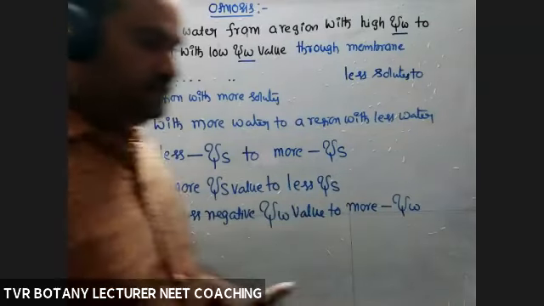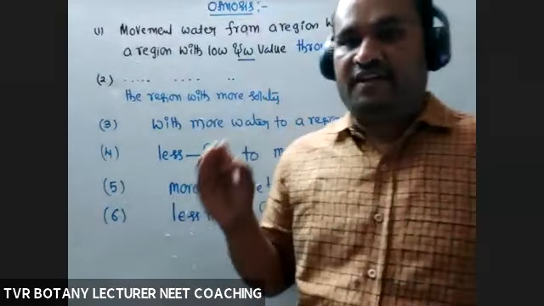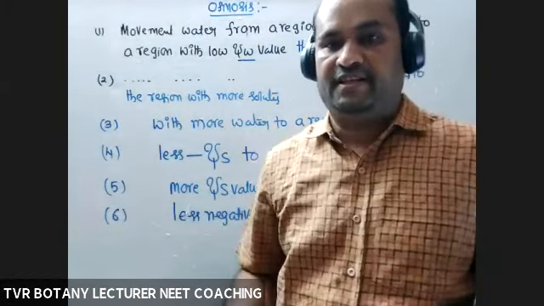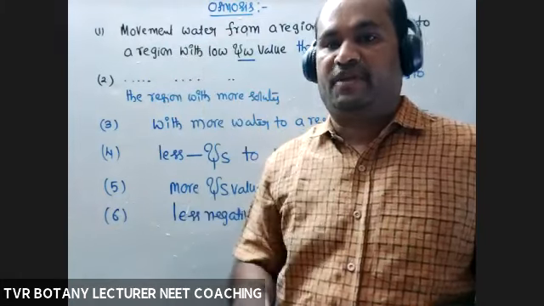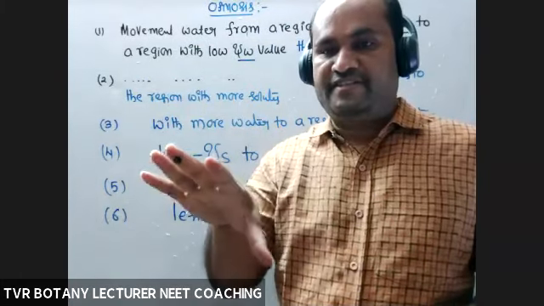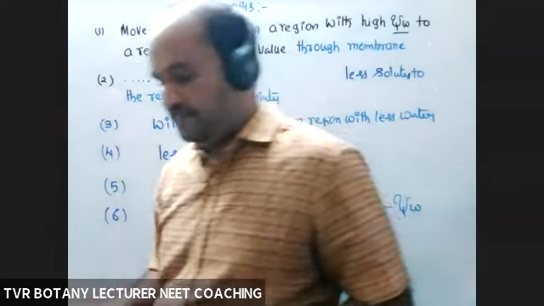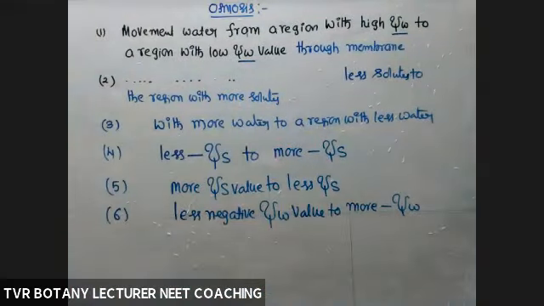So like that, movement of water from a region with a high free energy, more free energy, or more chemical potential. Here, chemical potential means amount of free energy required to perform some work. So, movement of water from a region with a high free energy to the region with a low free energy. So, like that, we can prepare so many definitions for osmosis. Okay, right?